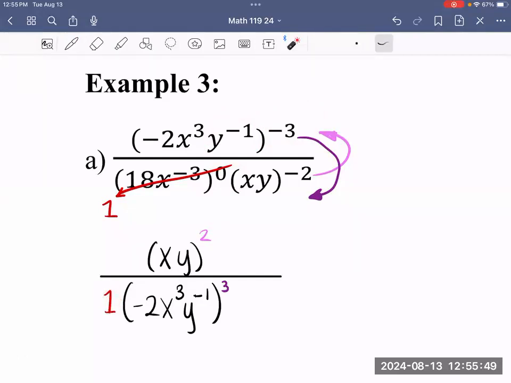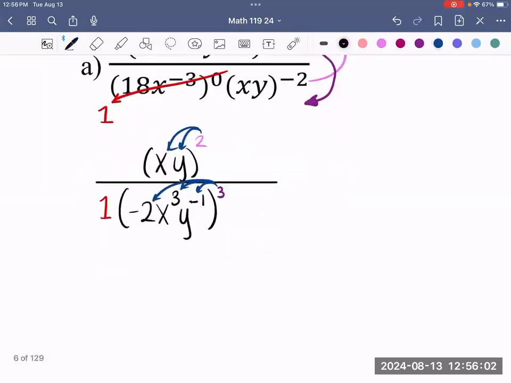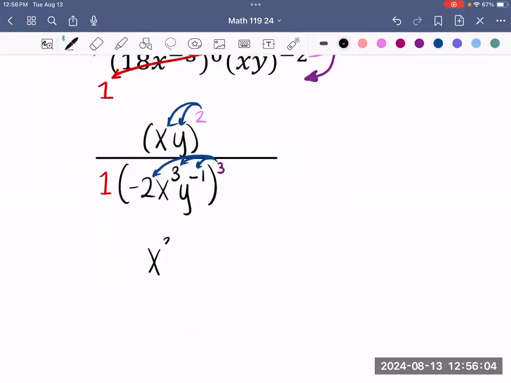Now what can we do? Well, we can go ahead and start to distribute values in. So if we have x squared, y squared over, and keep in mind, this is negative 2 to the third with parentheses.